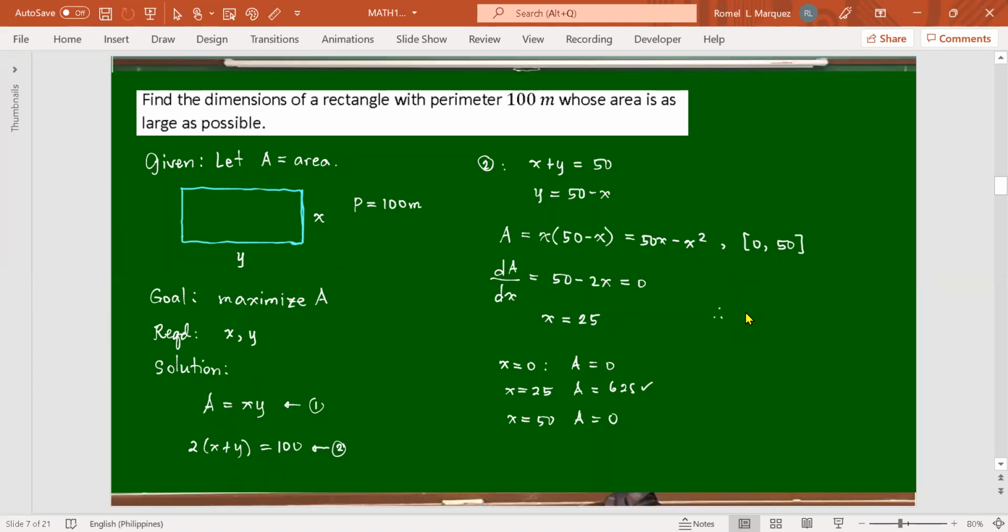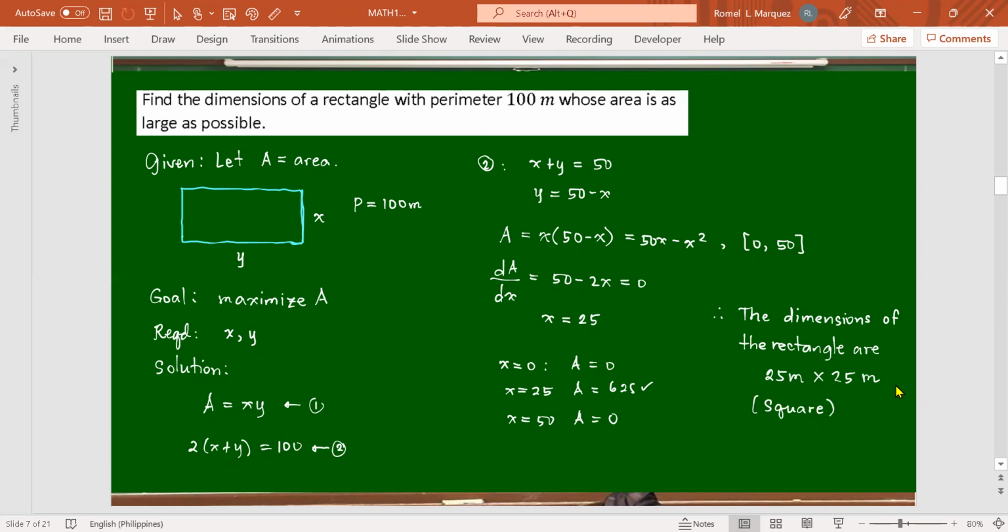Therefore, the dimensions of the rectangle are 25 meters by 25 meters. Meaning it is a square, no?